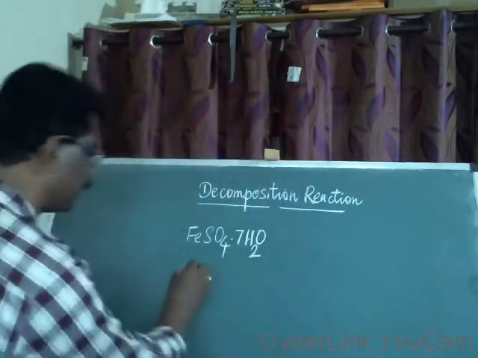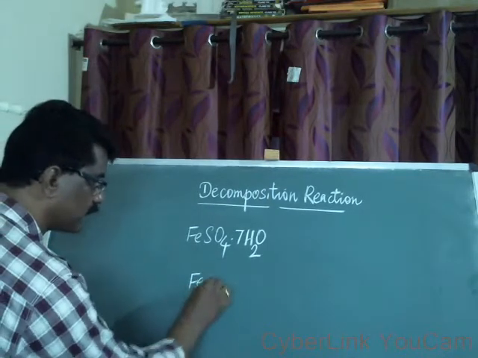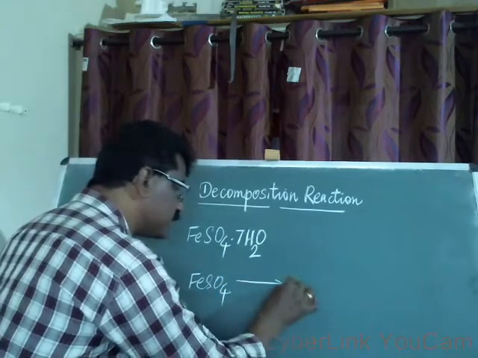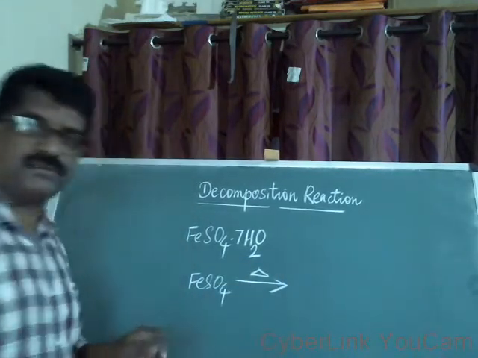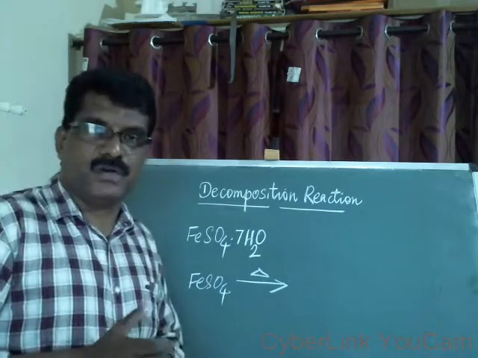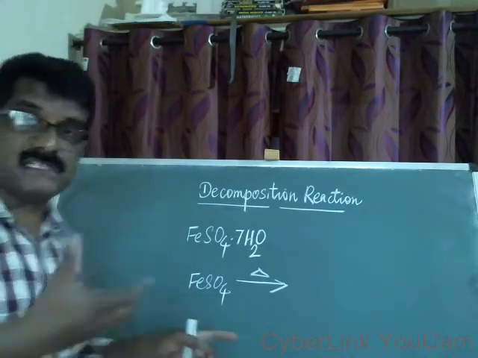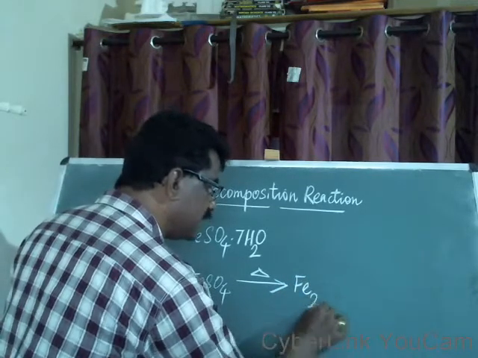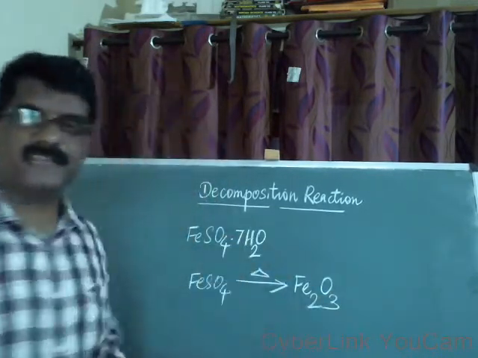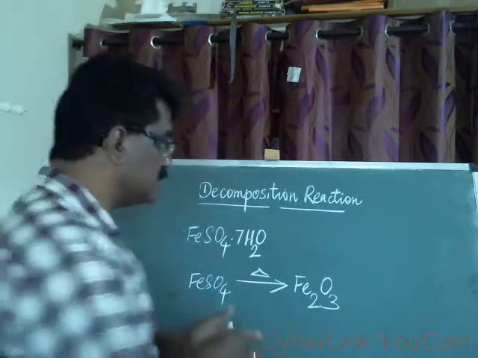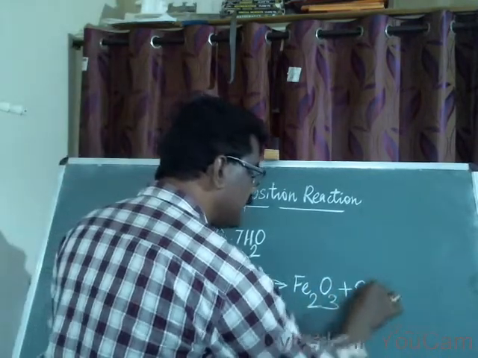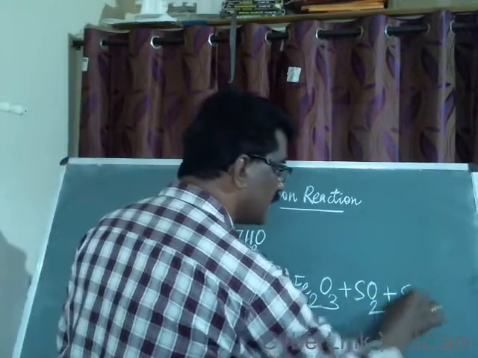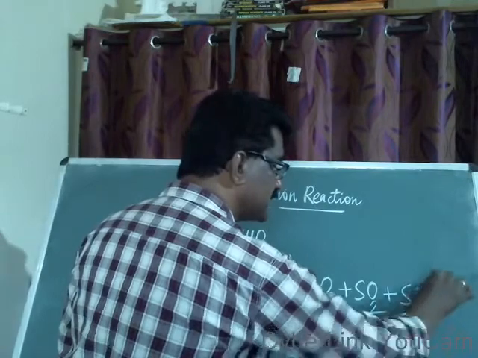The iron sulphate, FeSO4, undergoes breaking, decomposition, when we are heating it, to produce that white powder, iron oxide, and the gases which are coming out with a specific smell, that is sulfur dioxide and sulfur trioxide. These two are gases which are coming out.